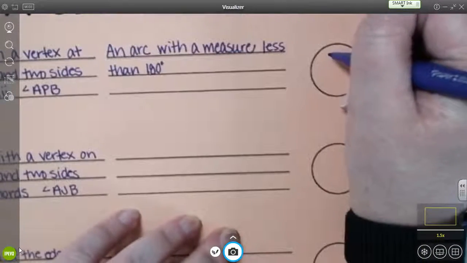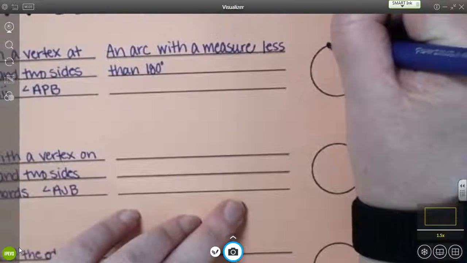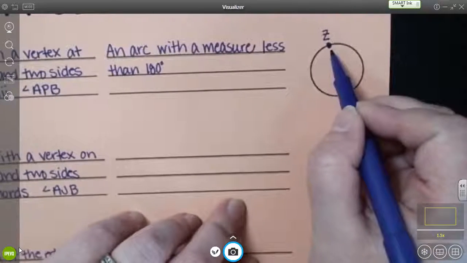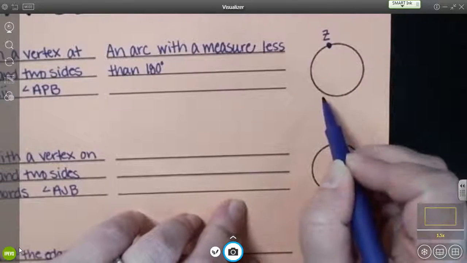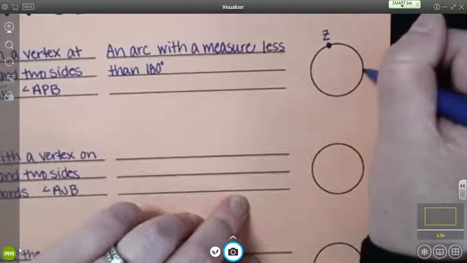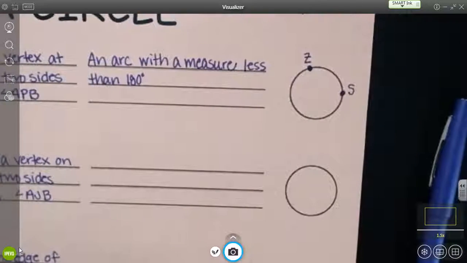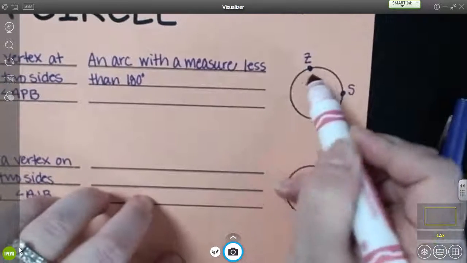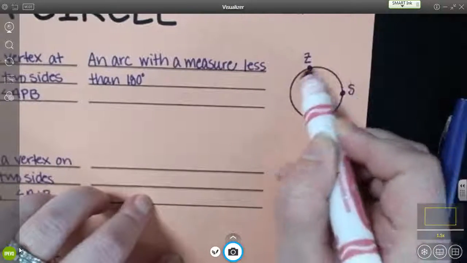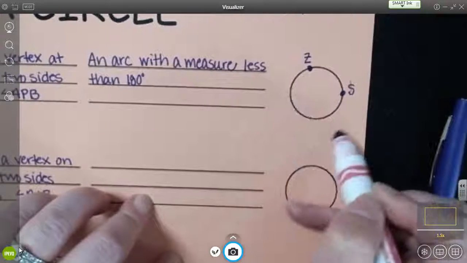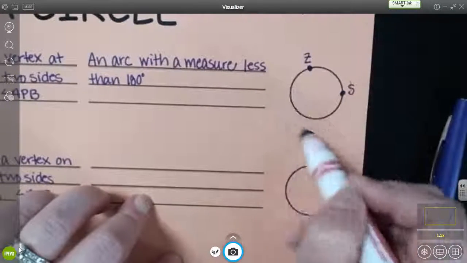So if we're talking about some arc, we'll call one endpoint Z. The other endpoint can't be more than halfway around the circle. Okay, so we'll say that this is endpoint S. So how do I know which one I'm talking about? Again, because this is a minor arc, we want to go from Z to S going clockwise. If we go from Z to S going counterclockwise, that's more than 180 degrees.